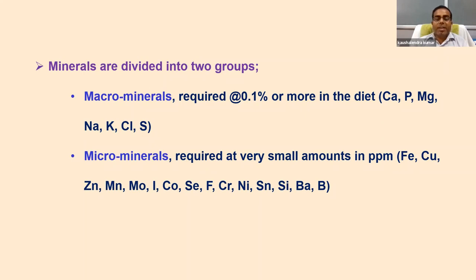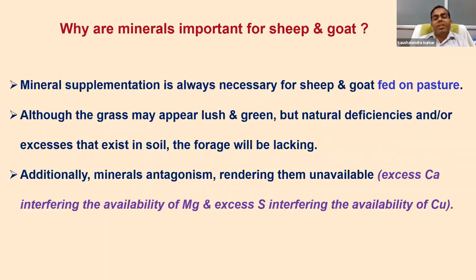These are directly associated with the production system of small ruminants. So we must balance trace minerals and macro minerals in optimum amounts for optimum productivity of the animals. Why are minerals important for sheep and goat?